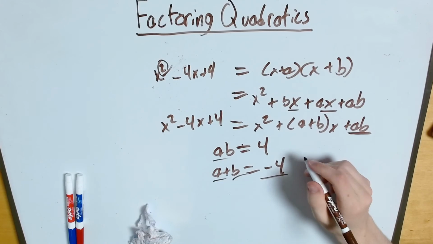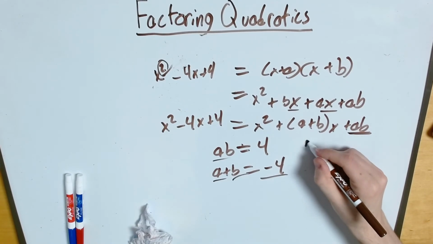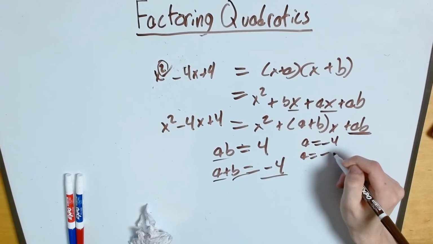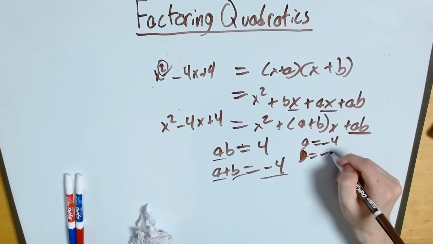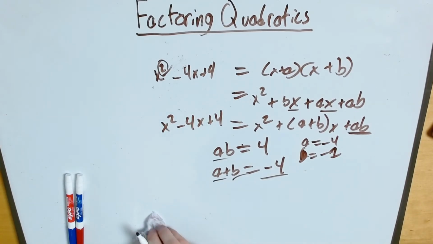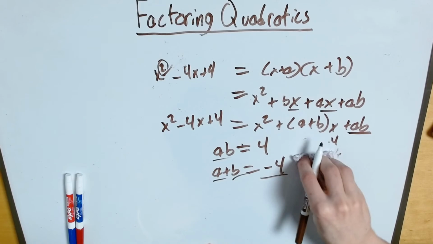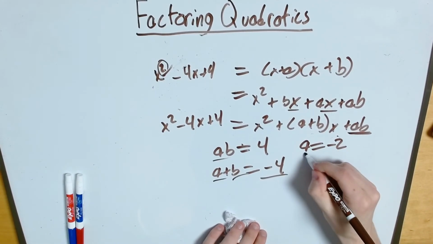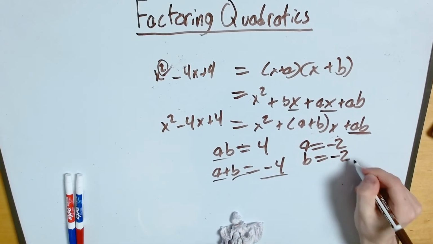And I say, okay, that's weird. Let me try listing out the factors. -4 and -1. Well, no, that doesn't work because -4 plus -1 is -5. What about, that leaves me 2 and 2. So maybe a equals -2 and b equals -2.